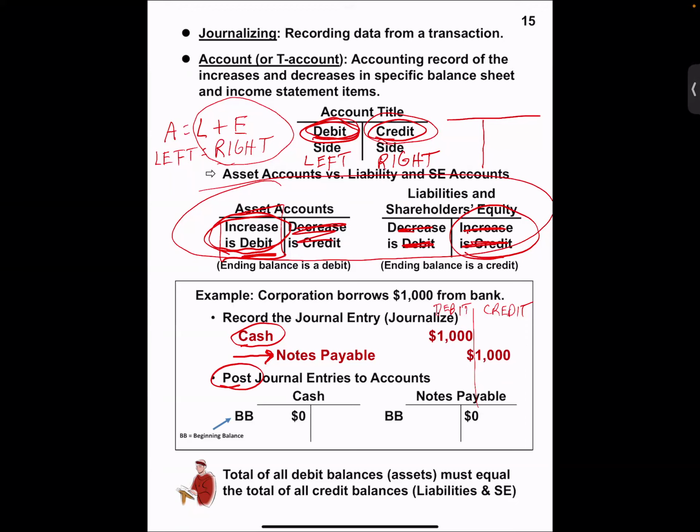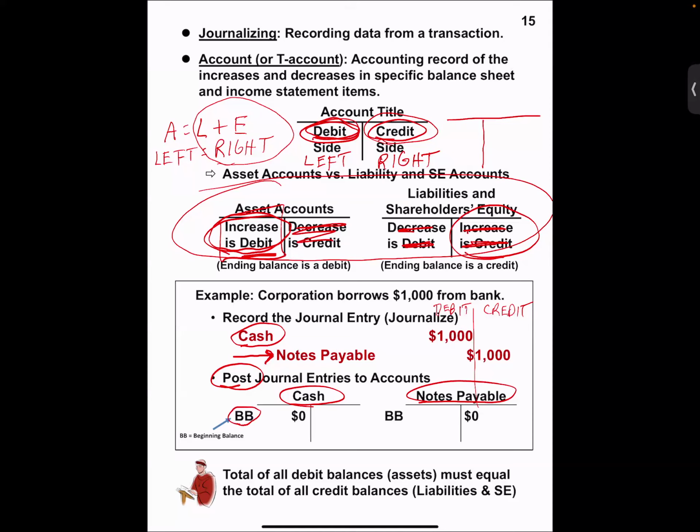We see a cash account and a notes payable account here. BB, beginning balance, would be 0 for each of these. Note, we write the beginning balance on the normal side of the account. So cash is an asset, its normal balance is a debit balance. Notes payable is a liability, its normal balance is a credit balance. We put that on the credit side.